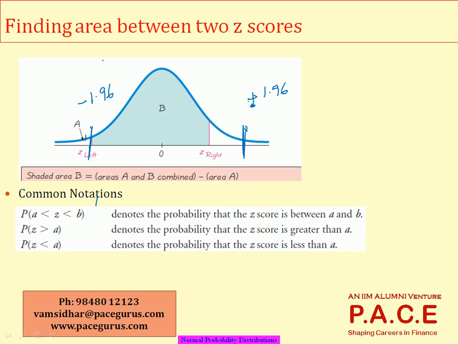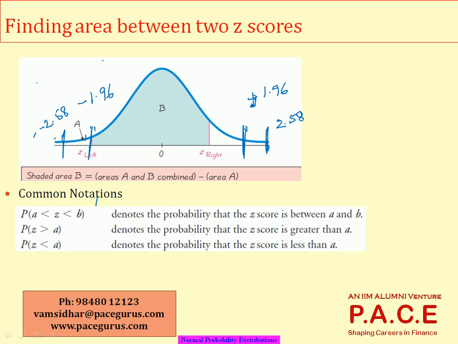That's a standard feature of the normal distribution. If I want 99% area, like leaving out 0.5% area on both the sides, then the z value will be 2.58 on the right and minus 2.58 on the left. So we have some standard values.